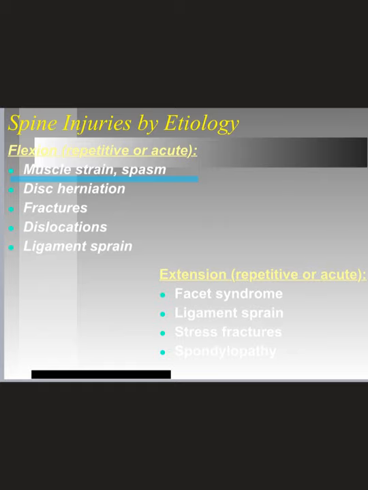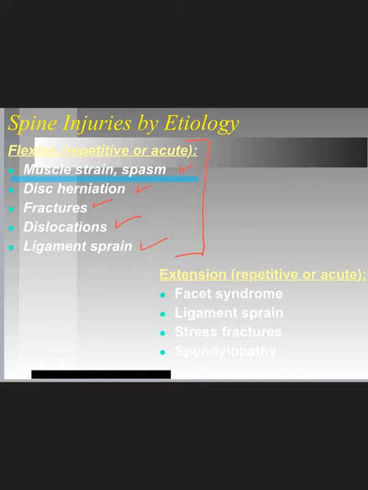And if so, here are the injuries that most often happen. A muscle strain or spasm, a disc herniation most often is likely, could potentially lead to fractures, dislocation, and ligament sprains, right? So if a patient comes into our clinic and we ask them how they injured it, if they describe a flexion moment, you're already thinking one of these 5 injuries has happened. Does that make sense, clinicians?